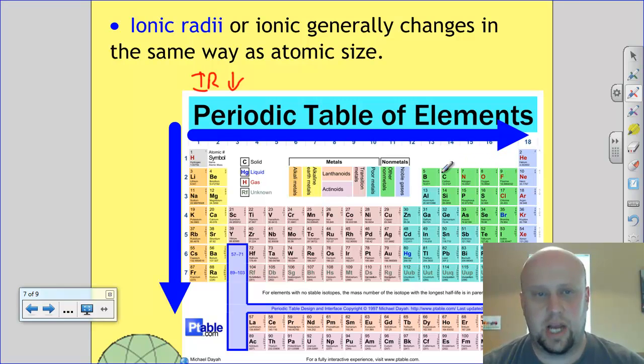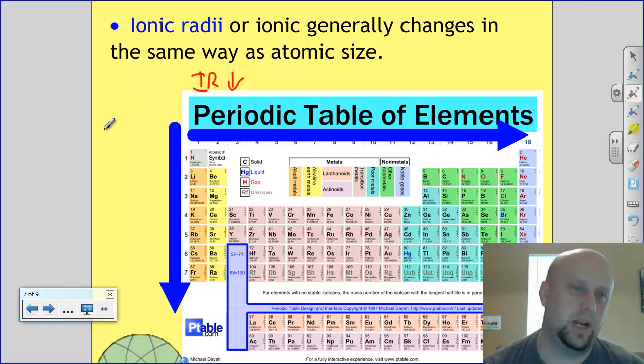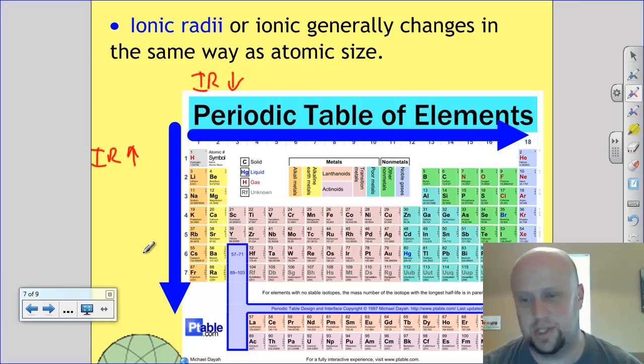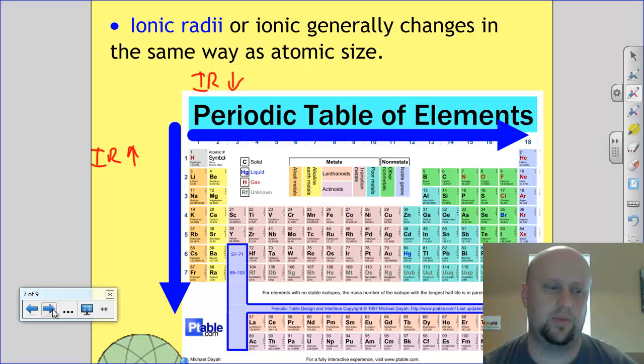You're going to have more attraction when you go from left to right, and so the ionic radius is going to decrease. And then as you go down the table, ionic radius is going to increase in general. Now, these are sort of general trends. This doesn't always apply. You can have two things that are next to each other and be a little bit different than this, but in general, that's the way it works.